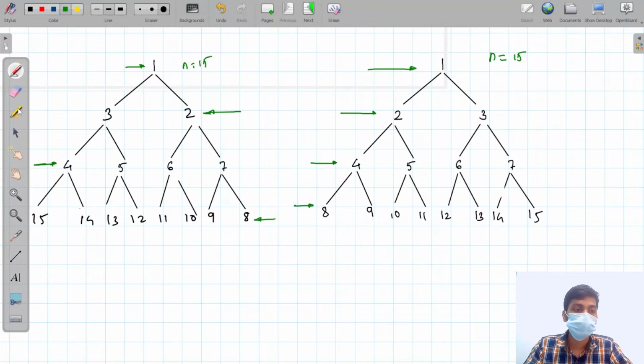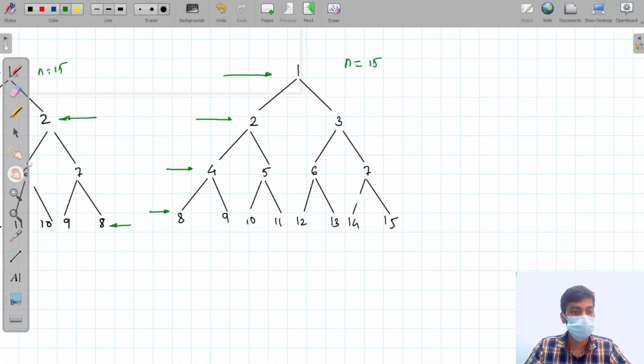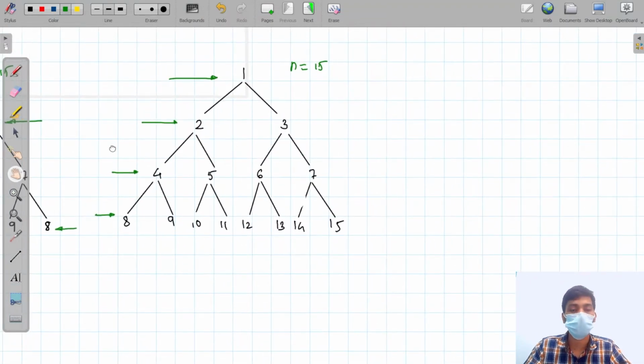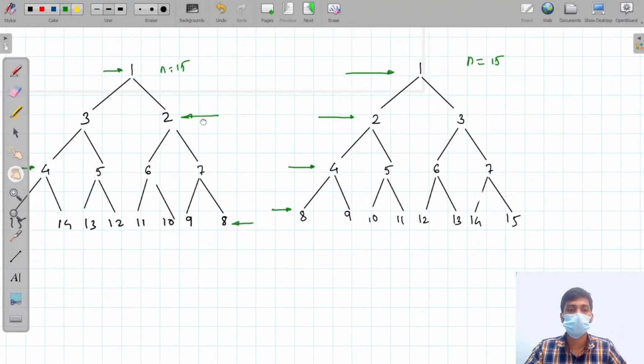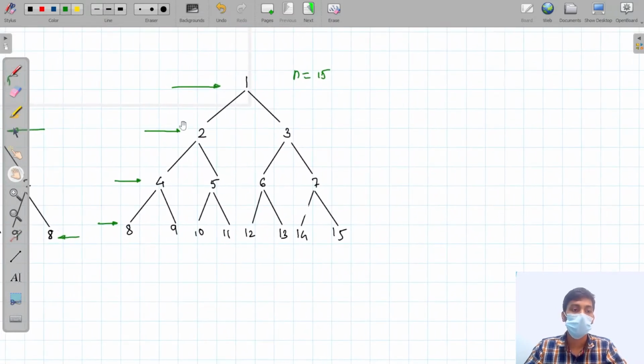Now first, let's forget about the current question. Let's try to discuss the same question on this tree. Let's not take this tree into consideration for now. Let's say the question is saying that I am provided with an integer n. For this question we will be provided with a single integer n, and we will not be provided with anything else.